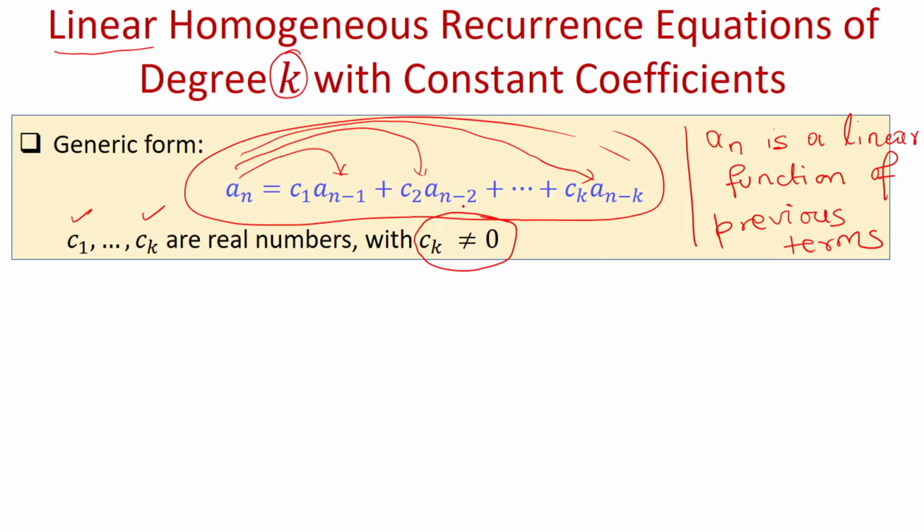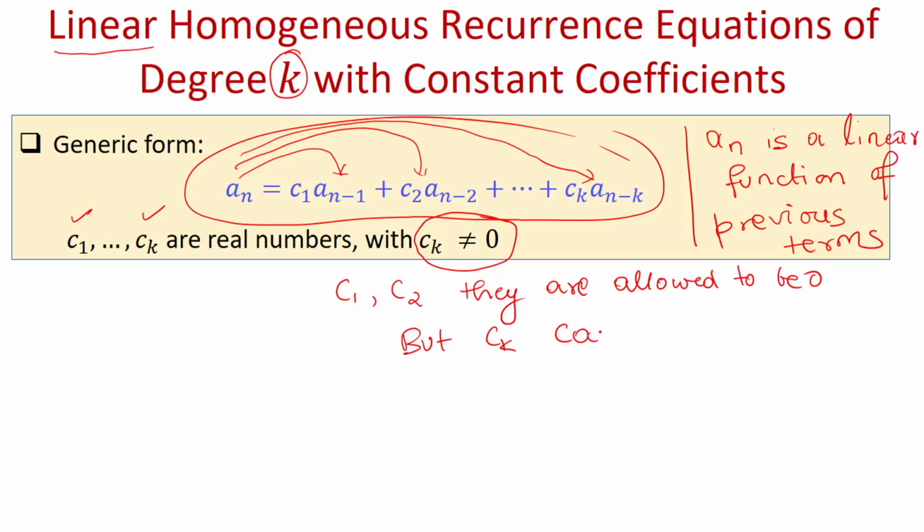In that case, the degree will not be called k. Your C of 1, C of 2, they can be 0. They are allowed to be 0. But C of k can't be 0 if the degree is k. That's what the degree means here.